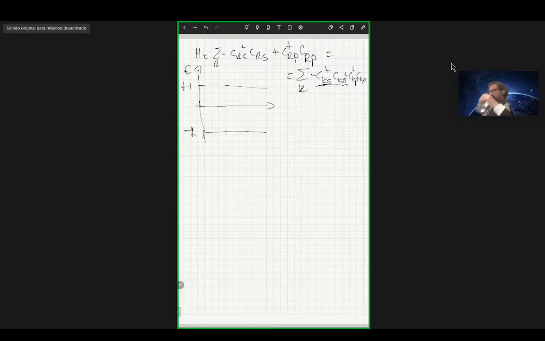This is the momentum. I'm only drawing, for example, the kx momentum. If I was to draw the ky momentum, I would draw another thing, and there will be two flat bands basically doing this. This was ky.